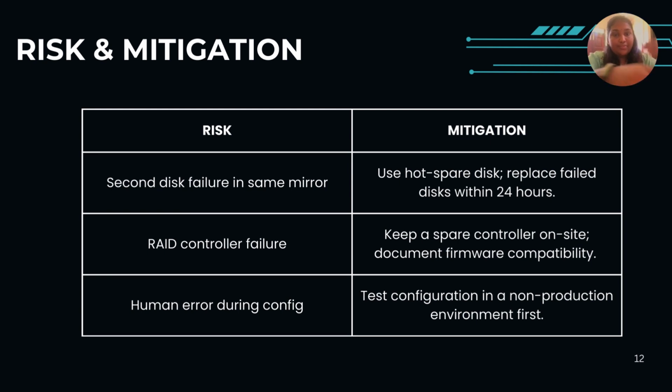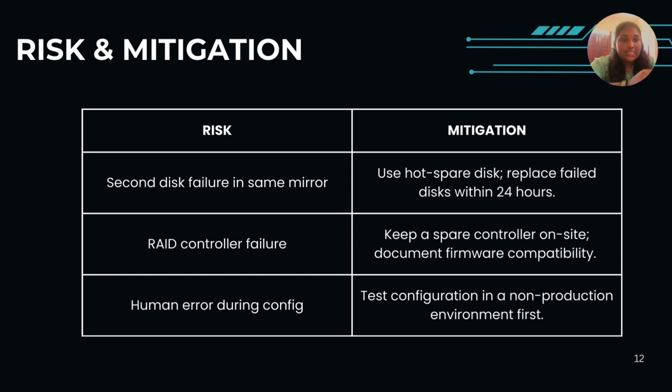Alright, so we have come to the end, and this slide is about risk and mitigation, which is related to data storage systems, specifically those using RAID setups. The table lists three risks and their solutions.